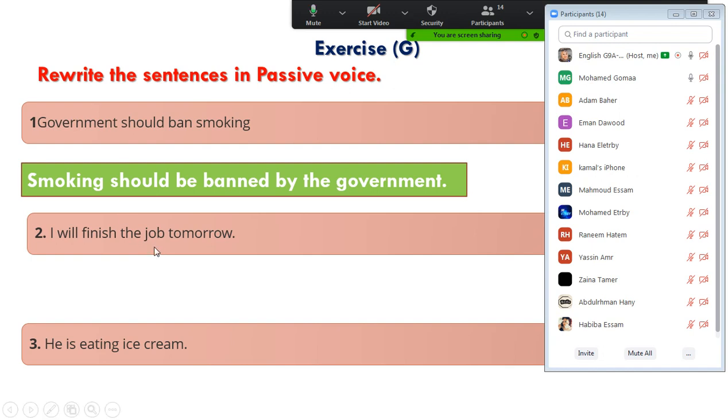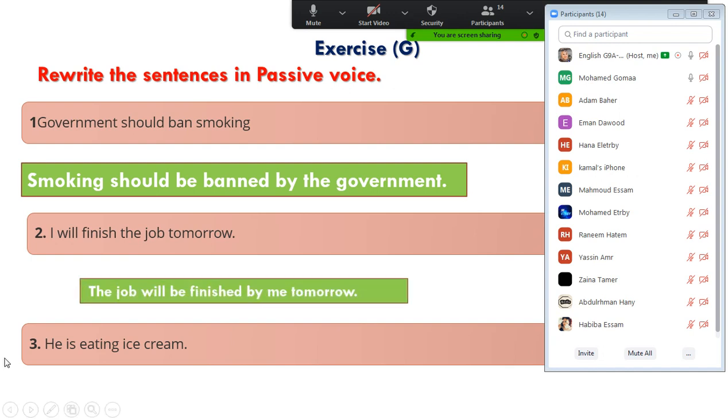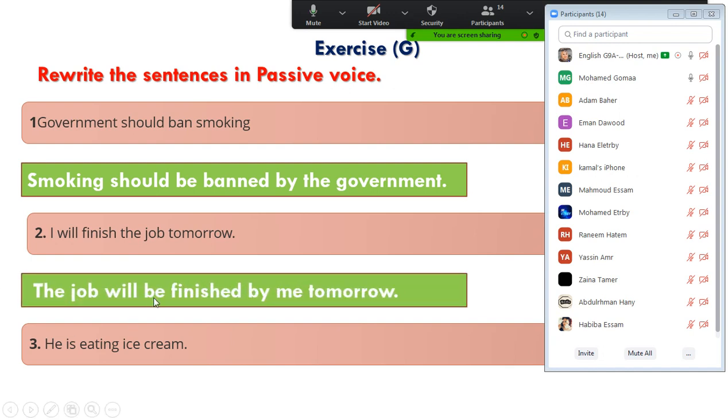You will start with the job, right? Because this is the object, I make it the subject. The job. It's supposed to be followed by what? Job will finish by me. Not only will finished. Will, what is verb to be? Will be finished. Here it is, ed after finish.